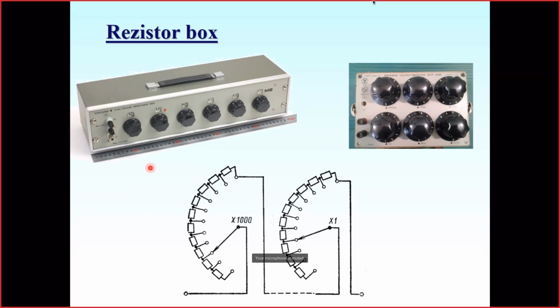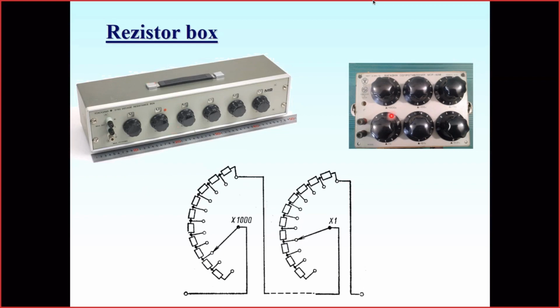In this way, we may get values from 0, when all the switch connectors stay here and we just get the resistance of the wire, which may be neglected, up to the maximal available value, when all these switches stay somewhere here, providing the maximal possible resistance of the box. This is a laboratory box.